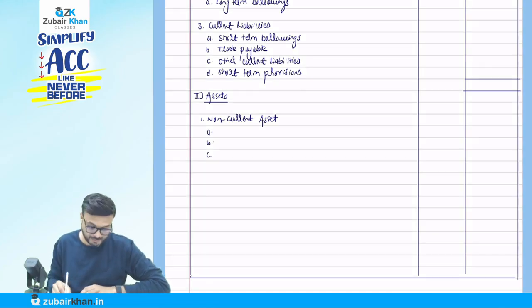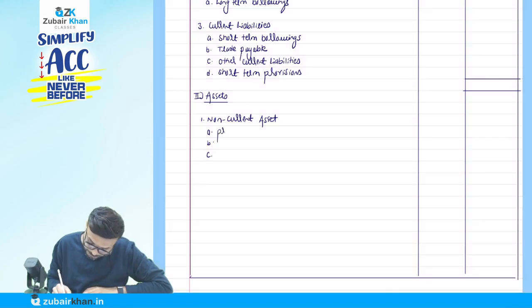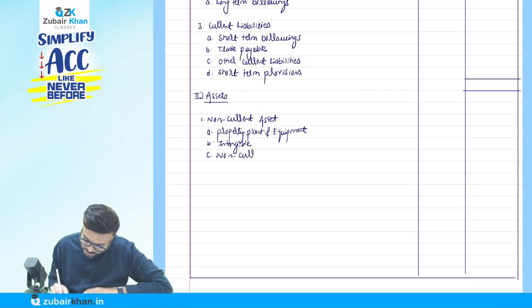Non-current assets: property, plant, and equipment, intangible. And you can write here non-current investment. Then here, current assets.